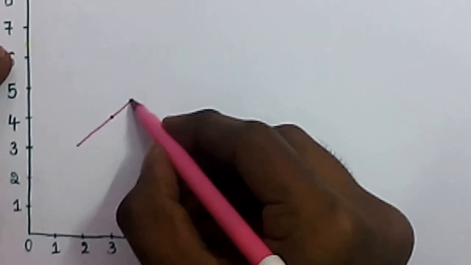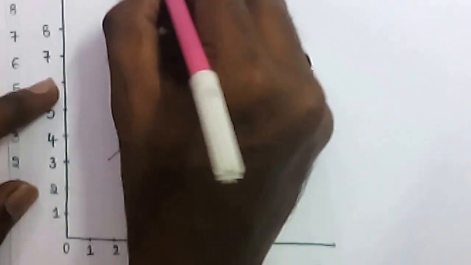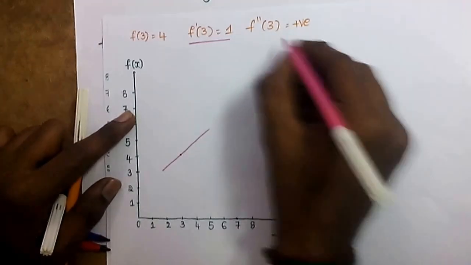So let me try and sketch this information. f of 3 is 4, so (3, 4) is going to be a point on the curve, and this is a tangent line having slope 1, and f double prime of 3 is positive.